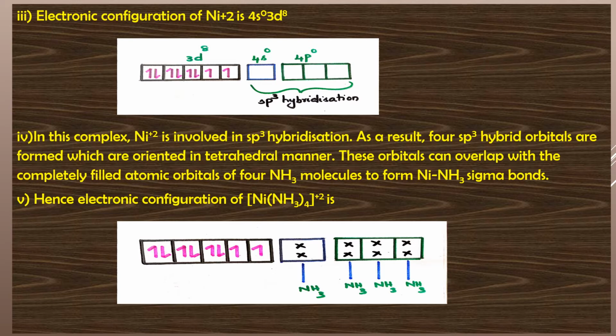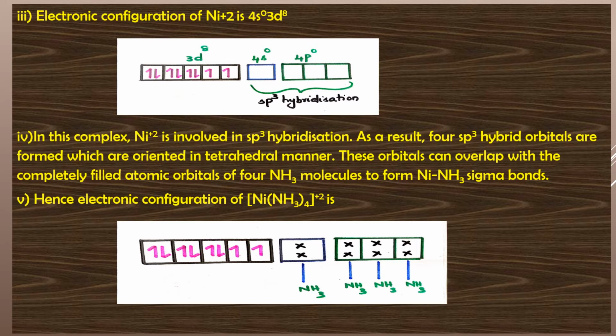The electronic configuration of Ni2+ is 4s0 3d8, so we observe that there are 4 vacant orbitals. Therefore, Ni2+ is involved in sp3 hybridization. As a result, 4 sp3 hybrid orbitals are formed, oriented in a tetrahedral manner.